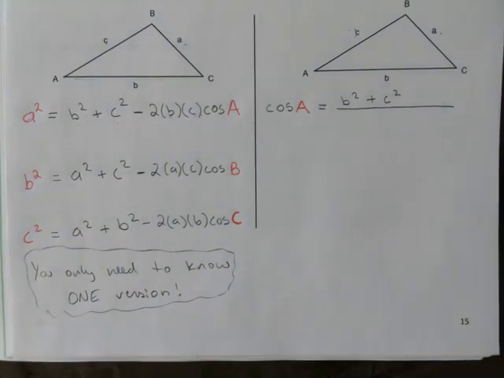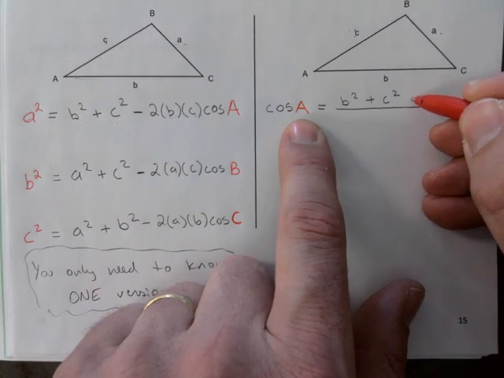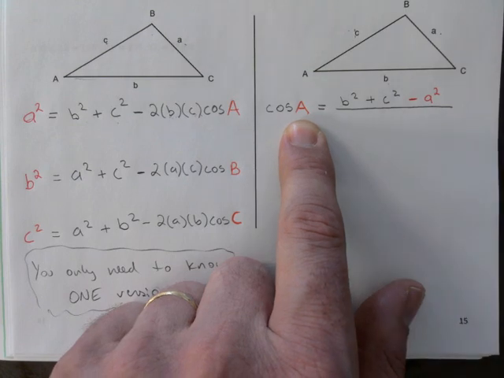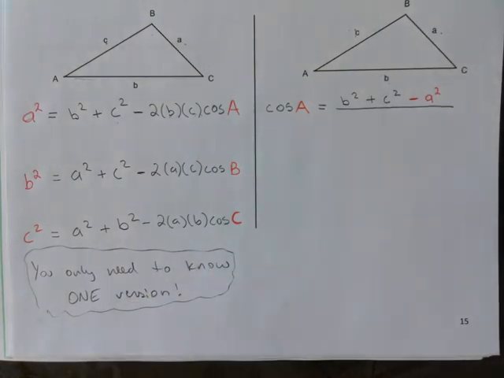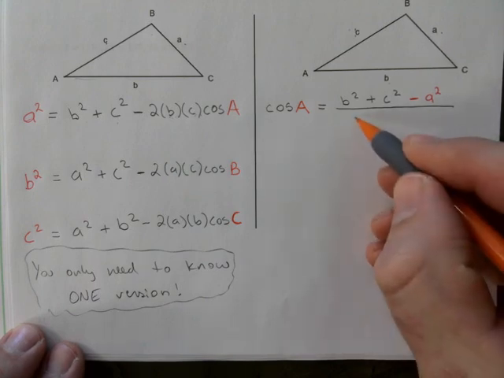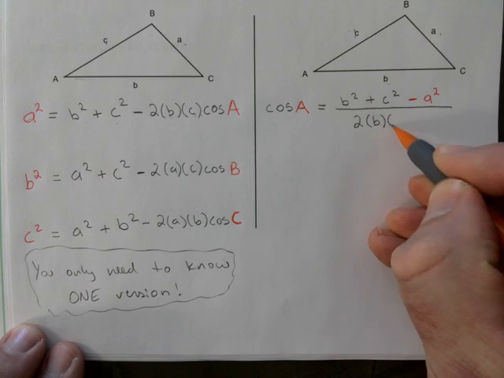This is where I'm using my pen again. Watch this. See how angle A is here? You're going to go minus A squared. And then down here, it's going to be 2 times B times C.